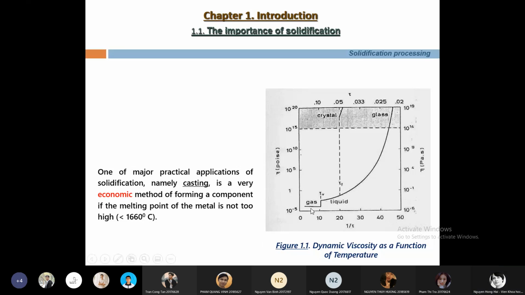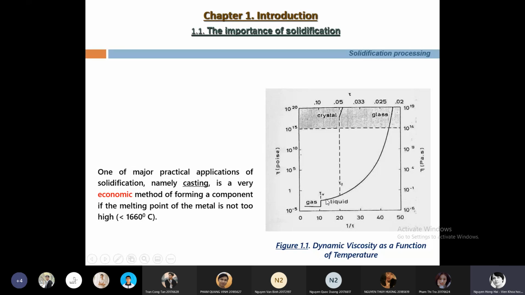If the viscosity of gas and liquid is very low, but if it transforms into the crystal, to the solid, the viscosity is increased very much. If a crystal can form, the viscosity increases with a sudden jump from a very low value to a very high one.